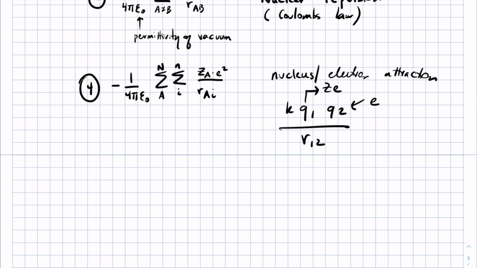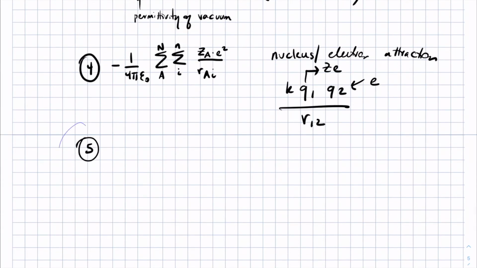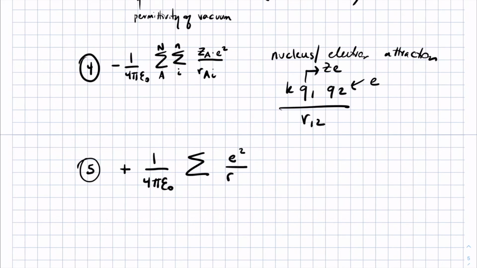And then lastly, and this is something that I often forget when I'm thinking about atoms and molecules, you've got repulsion between two electrons. So this will be the charge of electron 1 times the charge of electron 2 divided by the distance between them.